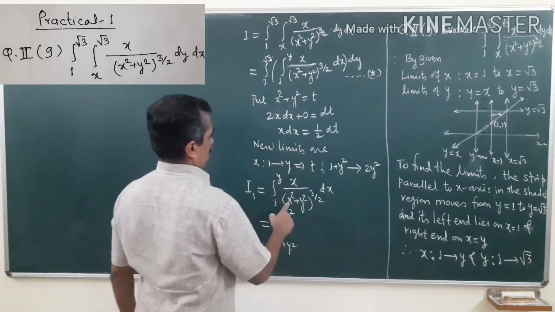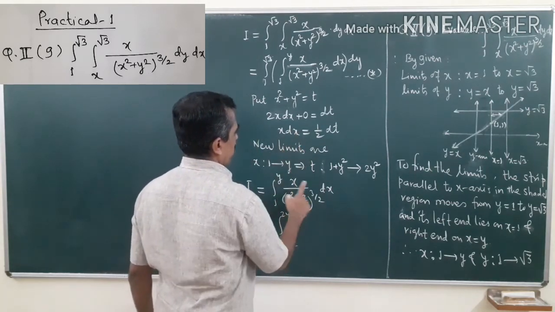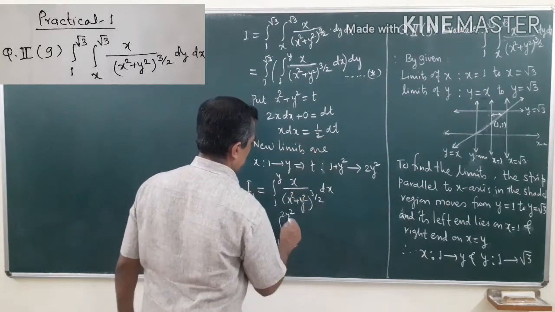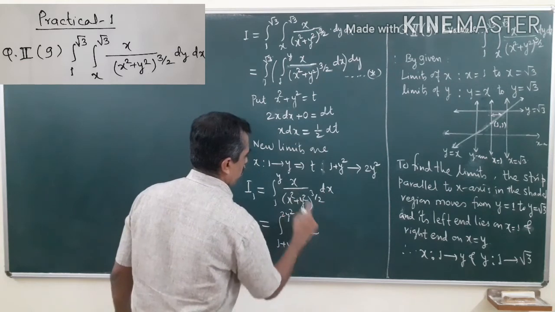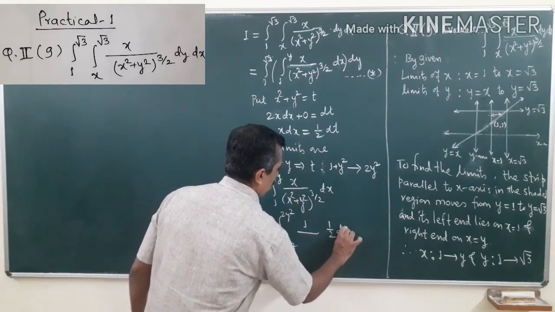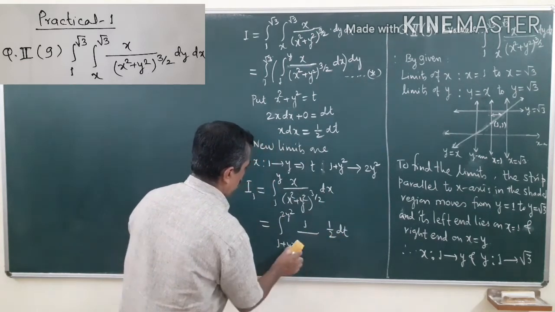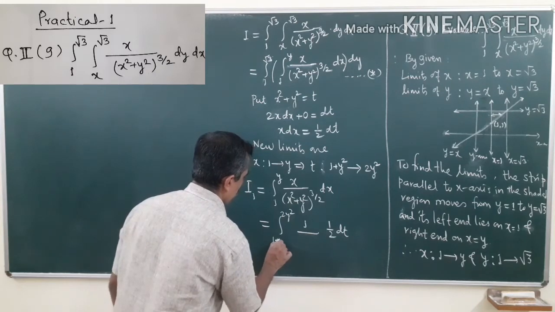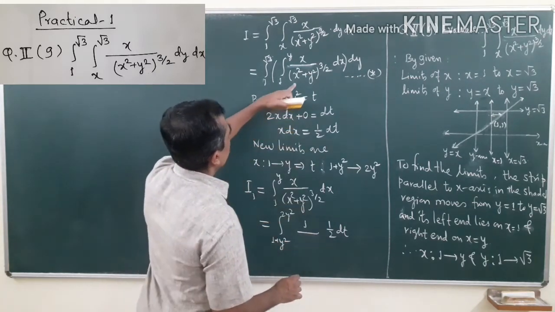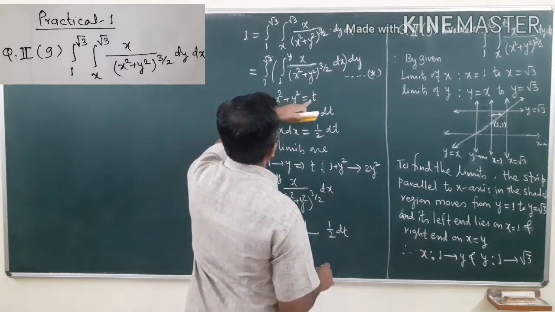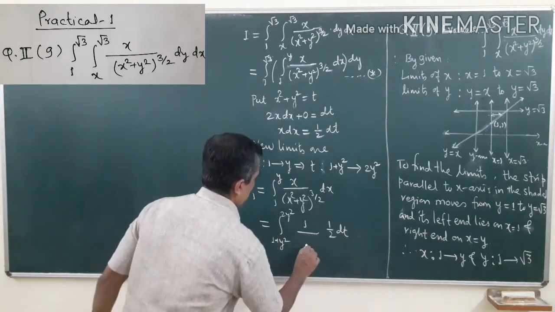Now x dx is half dt, and x square plus y square is t.